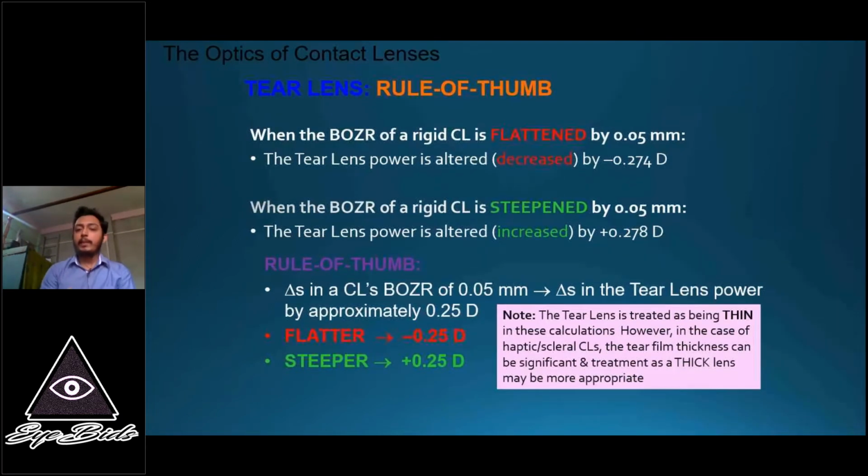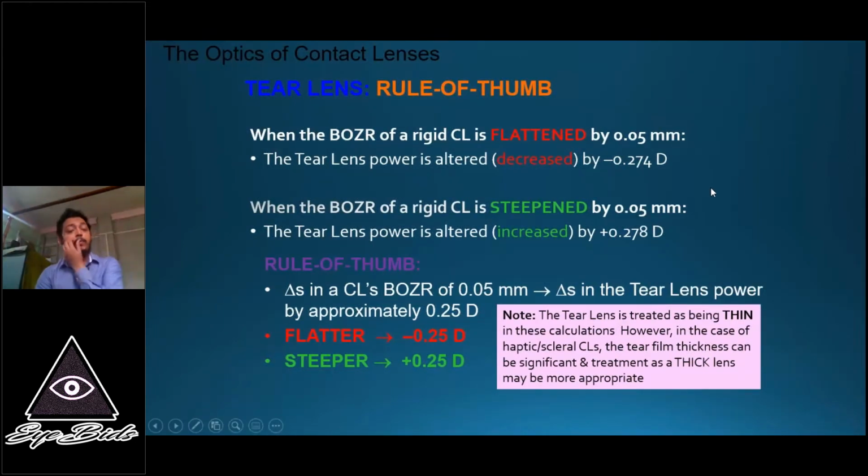But if you are going from 7.5 to 7.55, you are increasing the value by 0.05. Fine. So this is the rule of thumb for the tear lens that we have to remember.